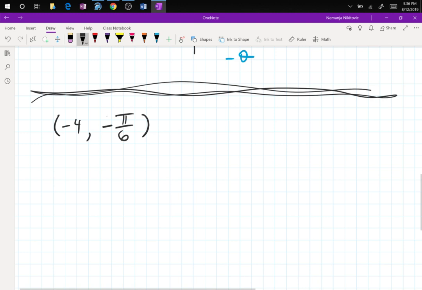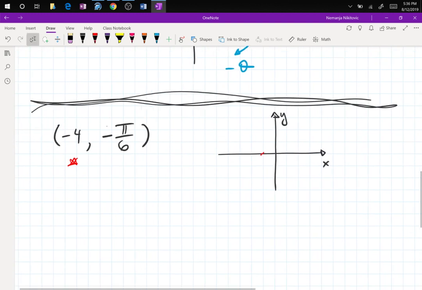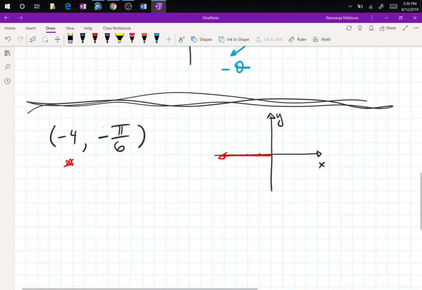All right, let's take a look at this together. So I'm going to draw -4. 1, 2, 3, 4. So this is where the -4 is. And then I have to go back pi over 6. So negative pi over 6 from this axis is here. So we go back. And this point here is -4, negative pi over 6.